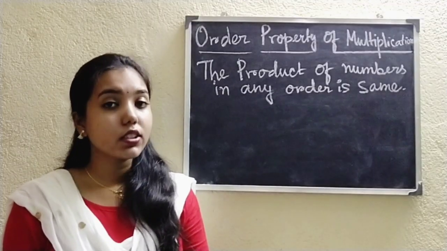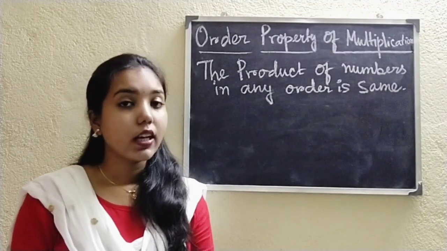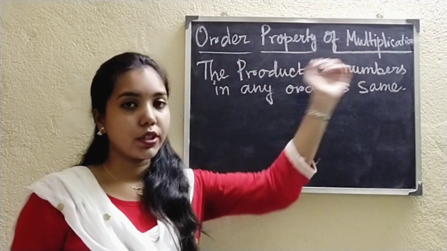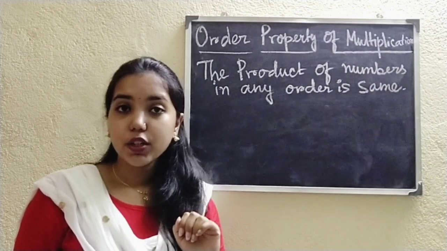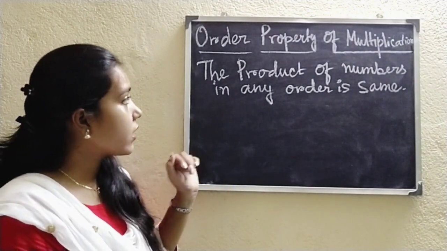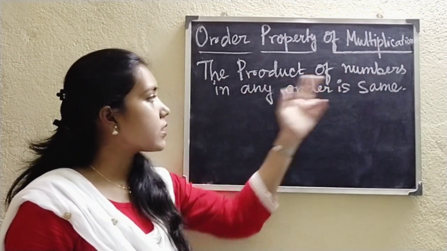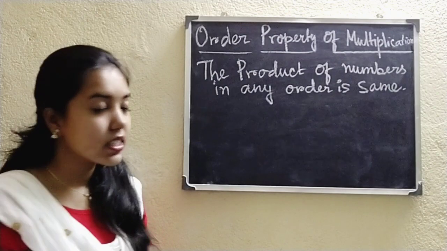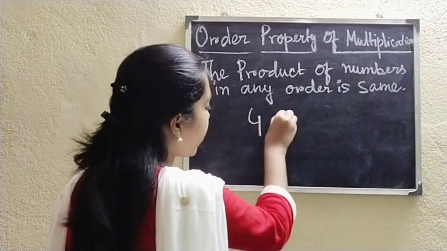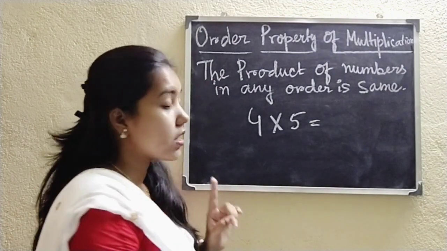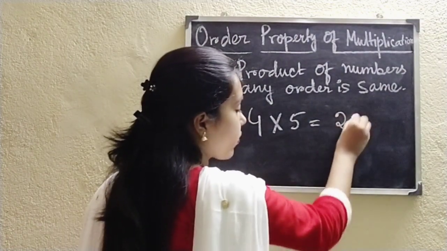Students, the first property of multiplication that we discuss today is the order property of multiplication. Now let us see what the property tells. The property tells that the product of numbers in any order will be the same. Now let us take an example. 4 into 5 is equal to 20.